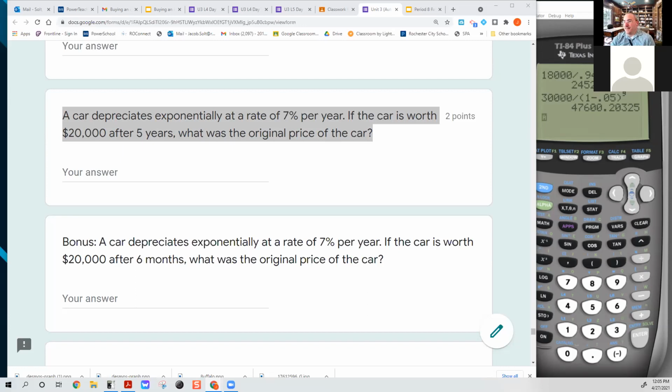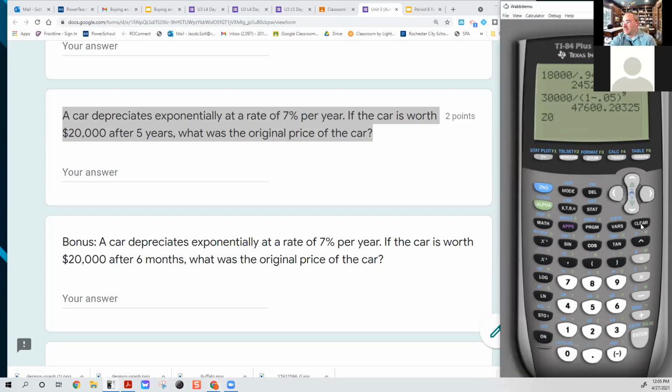All right, with 1 minute left, let me just run through this. I want a 20,000. 20,000. You got 28,000, but it has a negative, so I don't know if it's right. Let me see. You should have had 20,000 divided by either 1 minus 0.07 or 0.93.